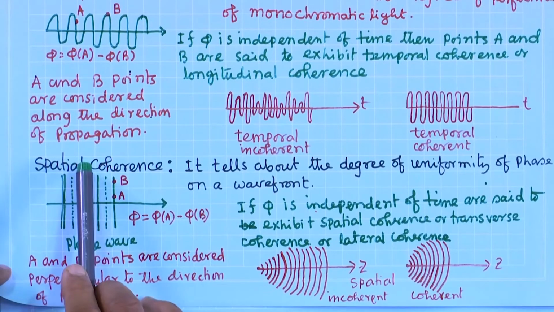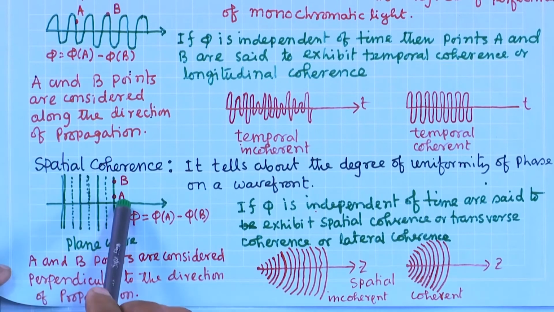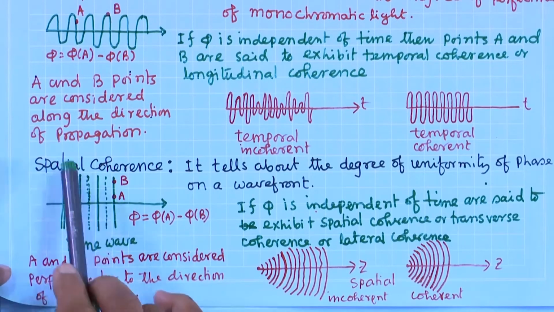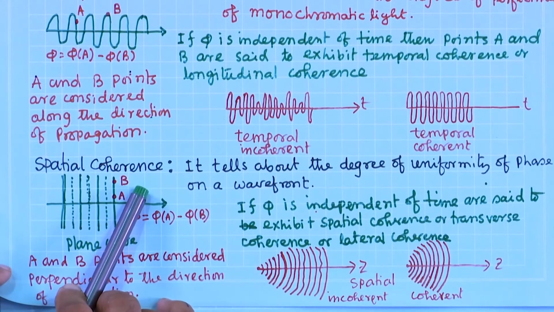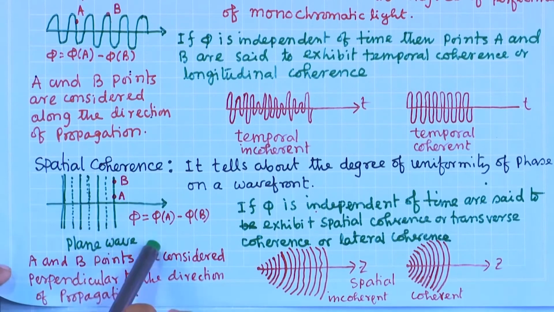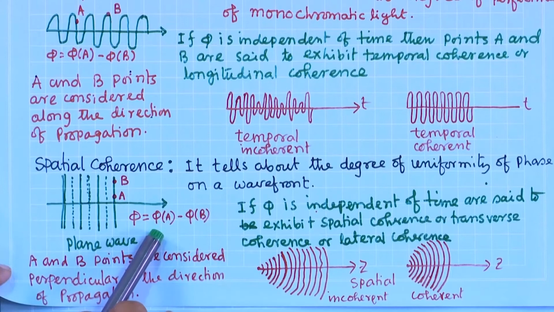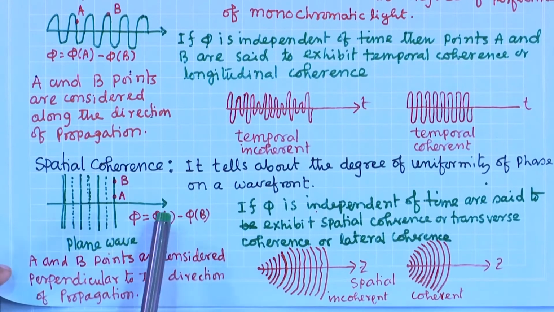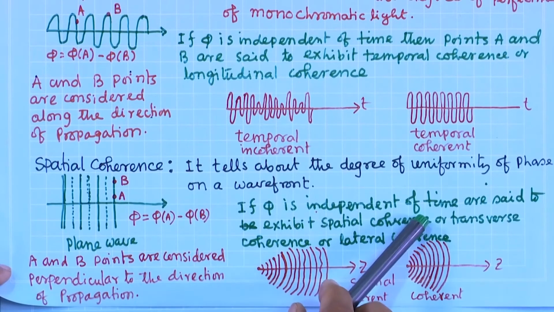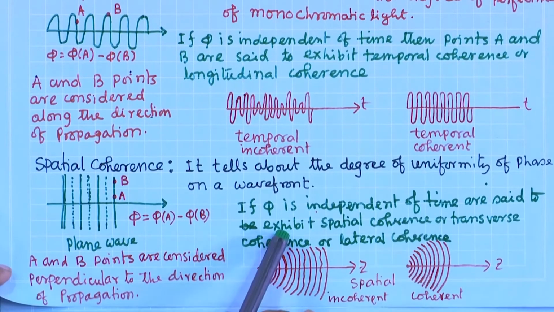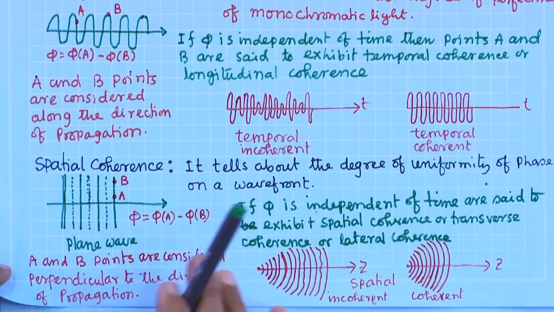The phase is supposed to be the same at both points. If there is a difference, and the difference remains constant over time, it can be 0 or it can have some value. If it is independent of time all the time, then we say this source is spatially coherent.